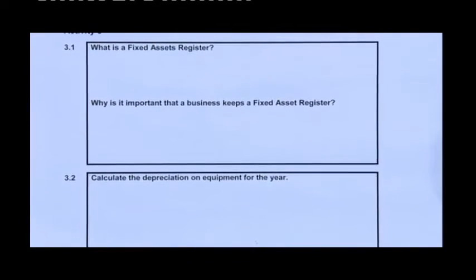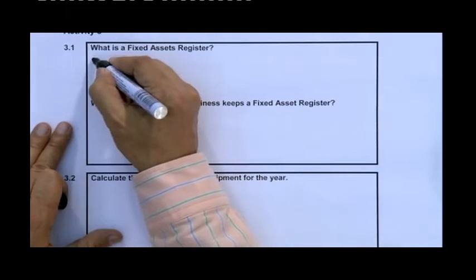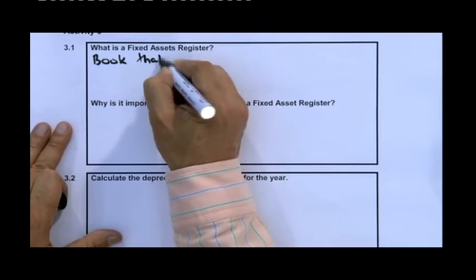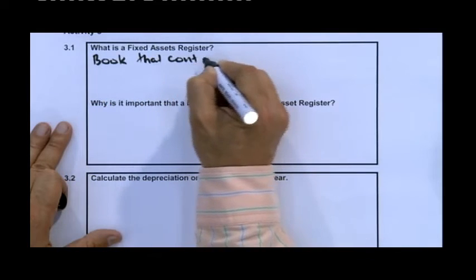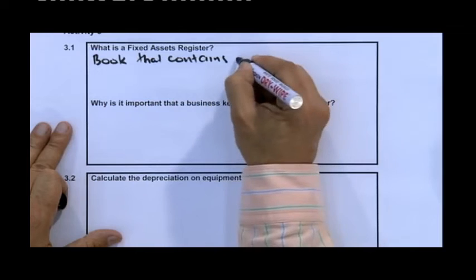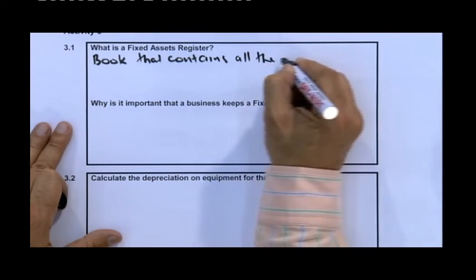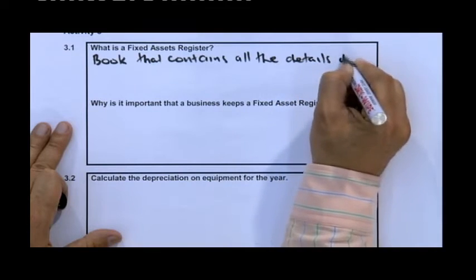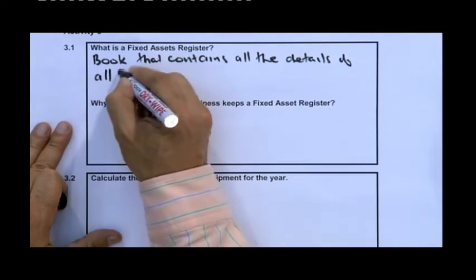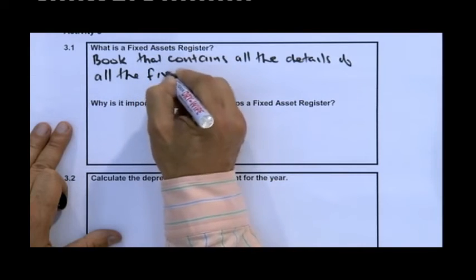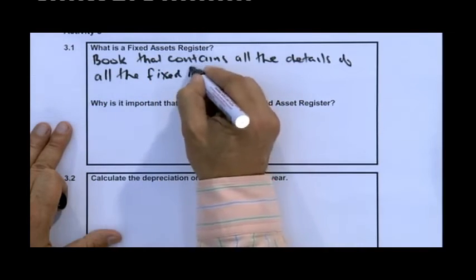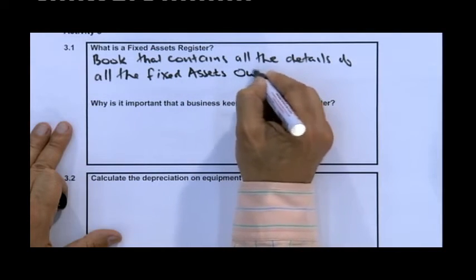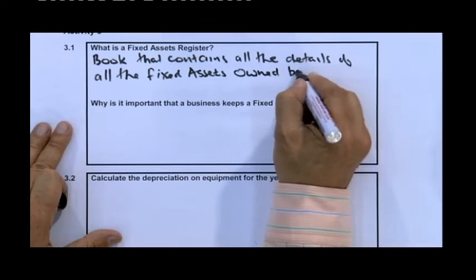Okay, we can say it's a book that contains all the details of all the fixed assets owned by the business.